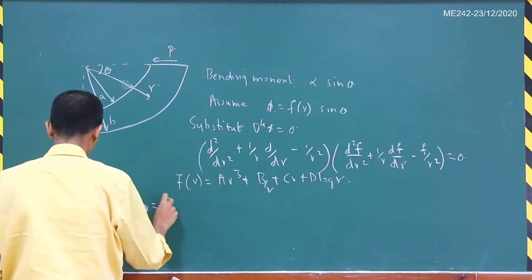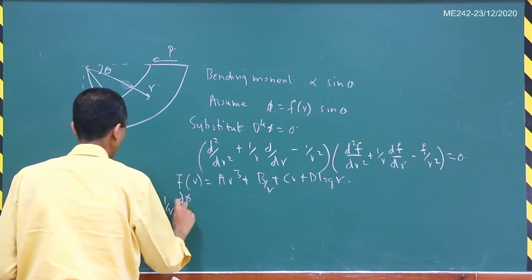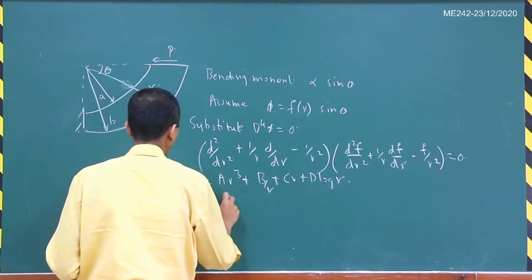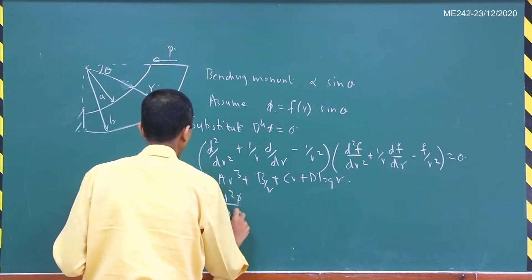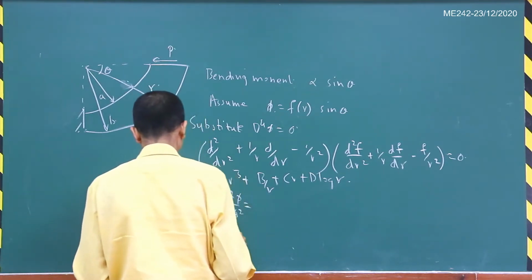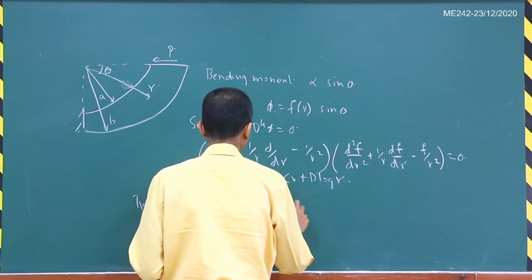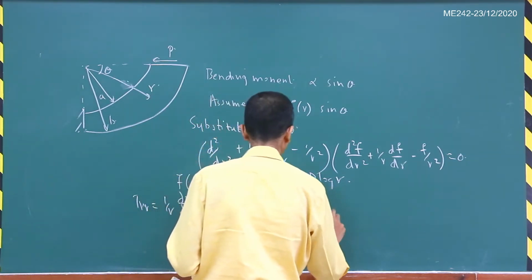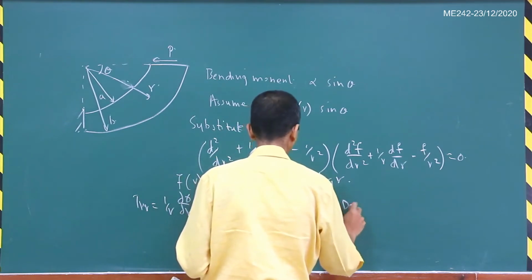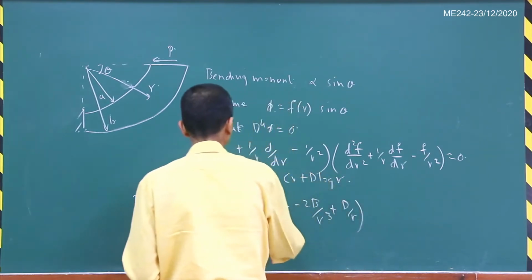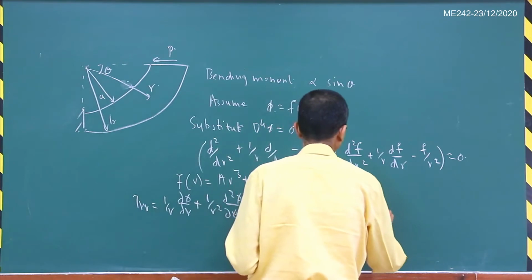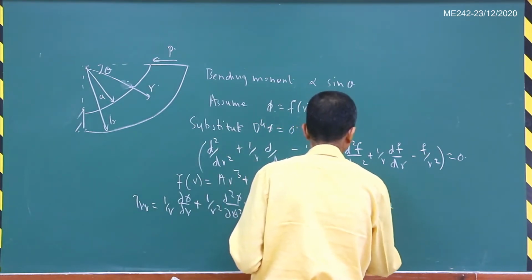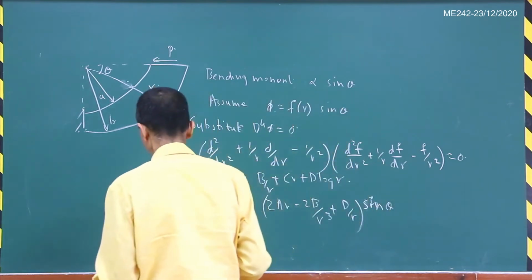So tau r r is 1 by r times del phi by del r plus 1 by r square times del square phi by del theta square. So that is equal to 2 times A r minus 2 times B by r cube plus D by r times sine theta.